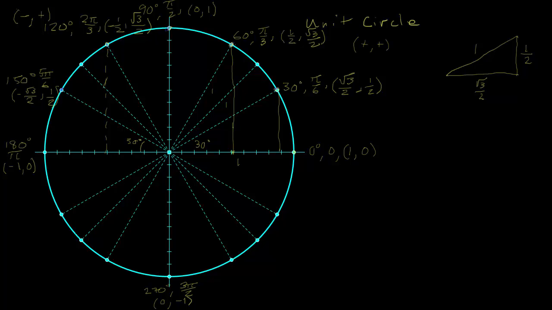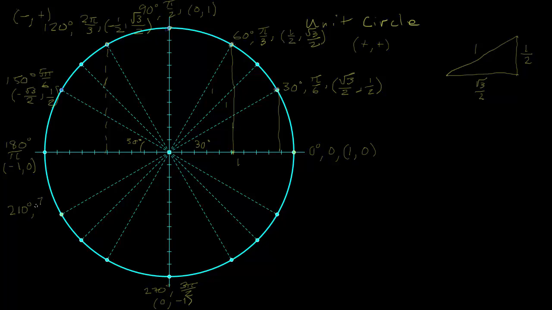Now let's move down to the third quadrant. Down here, we're at 30 degrees more than 180, which is 210 degrees. Again, if we think in terms of 5 pi over 6, this would be 6 pi over 6.